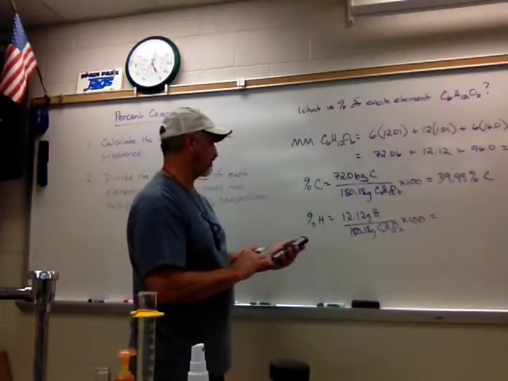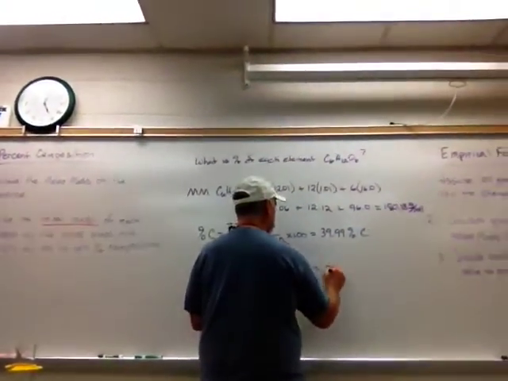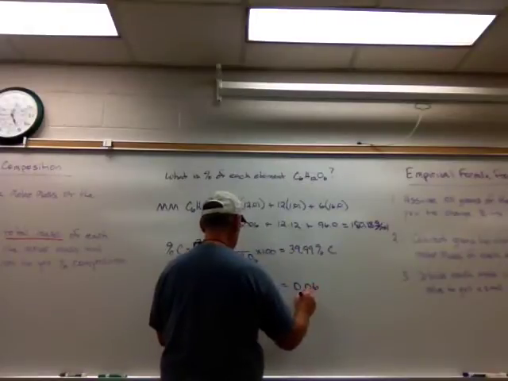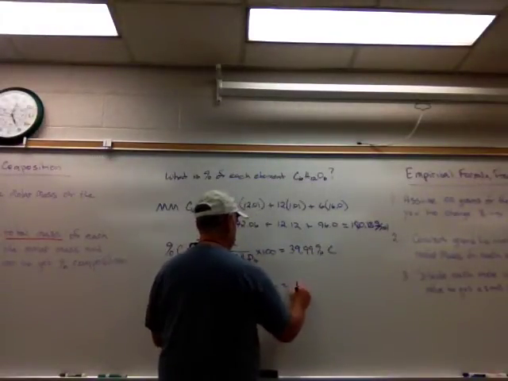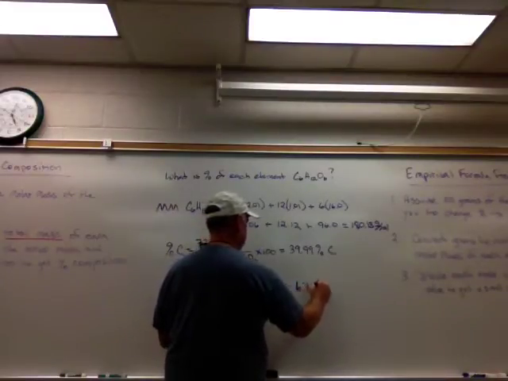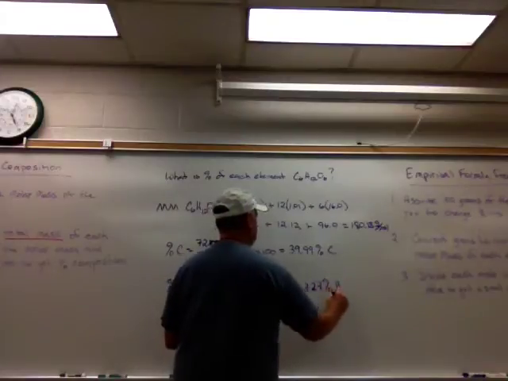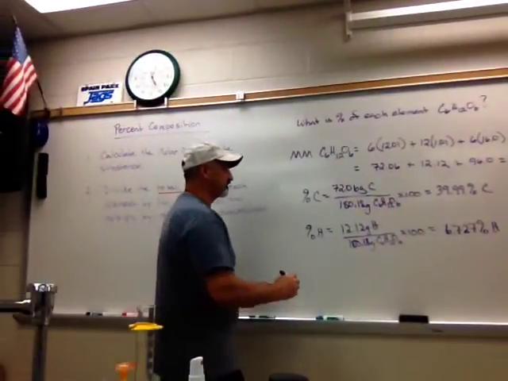So again, I have 4 sig figs. Pardon me, I got to multiply by 100. 6.727% hydrogen.